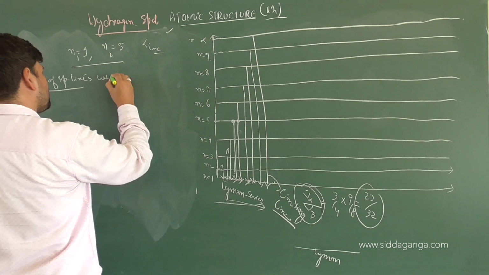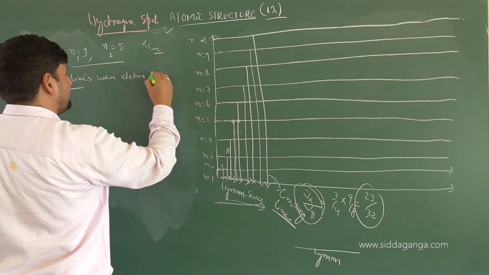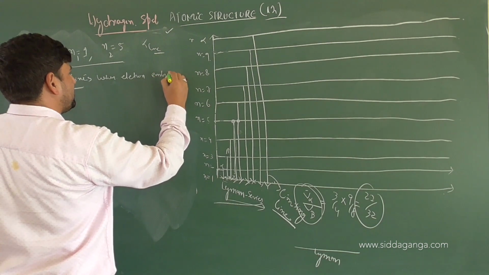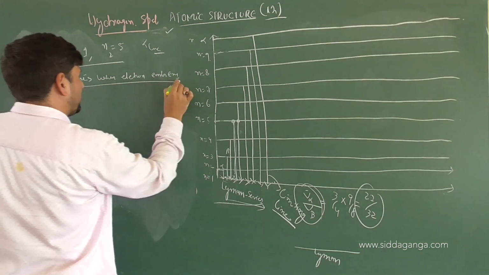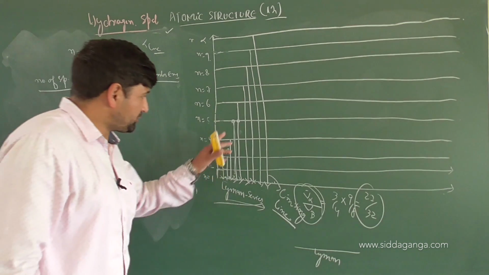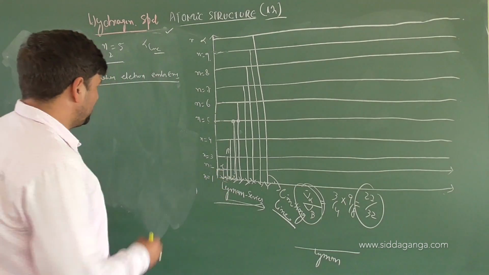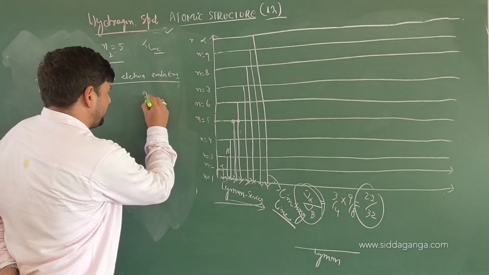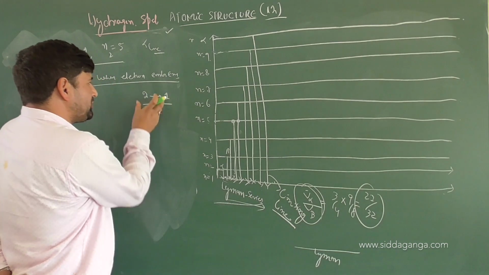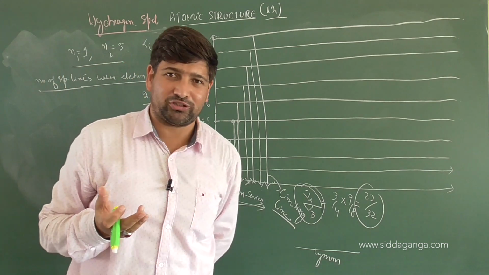When an electron emits energy, what is the number of spectral lines produced? See, if it is from 2 to 1, it's very simple. If it is coming from 2 to 1, there is no intermediate jump possible, because children, all energy levels are not possible.